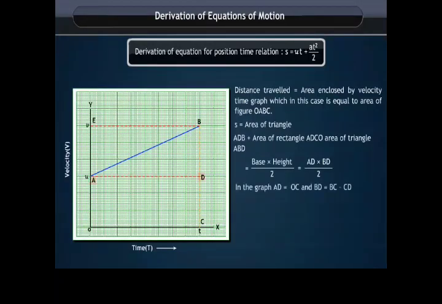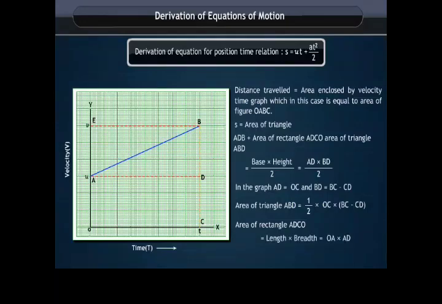In the graph, AD is equal to OC and BD is equal to BC minus CD. Area of triangle ABD is equal to half into OC into BC minus CD. Area of rectangle ADCO is equal to length into breadth is equal to OA into AD.